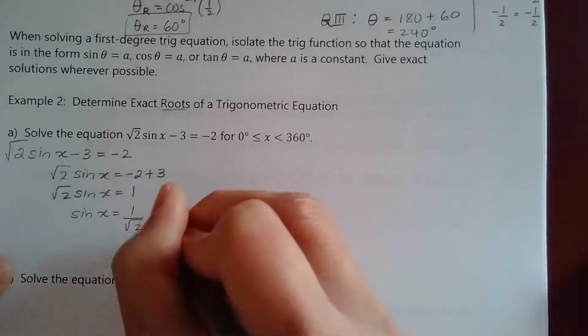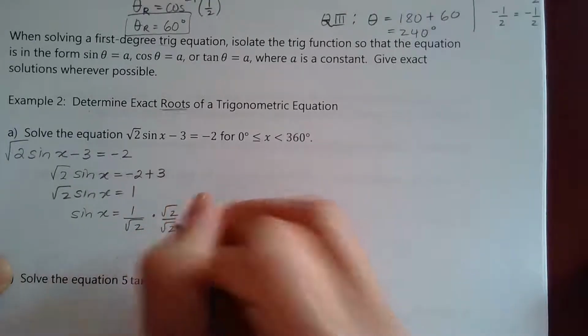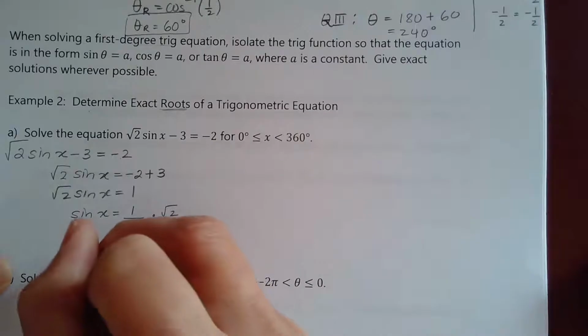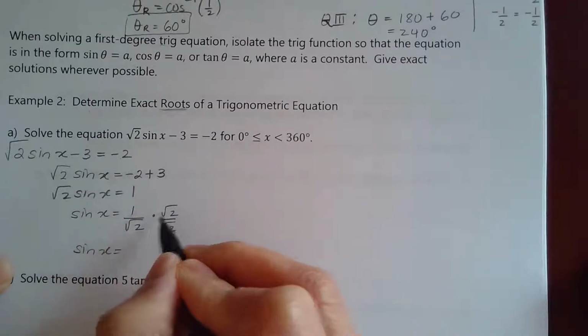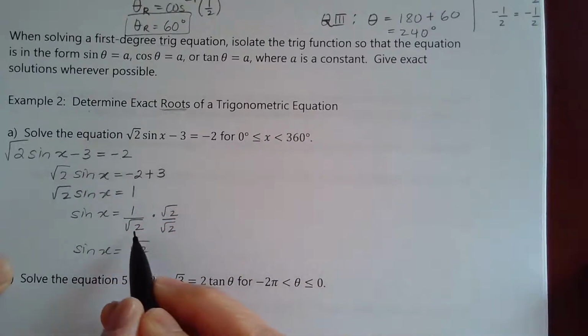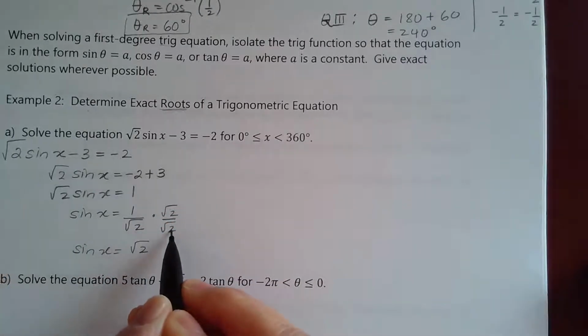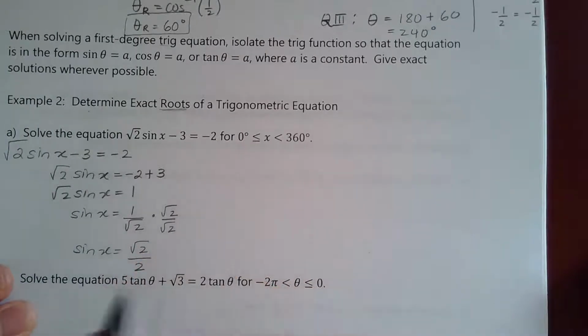To do that, I'm going to multiply by root 2 over root 2. Of course, this is something you've learned in grade 11. So sine of x equals 1 times root 2 is root 2, and square root of 2 times square root of 2 gives us square root of 4, which is 2. So sine of x equals root 2 over 2.